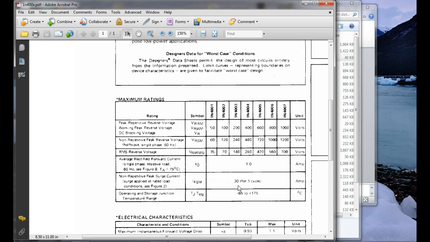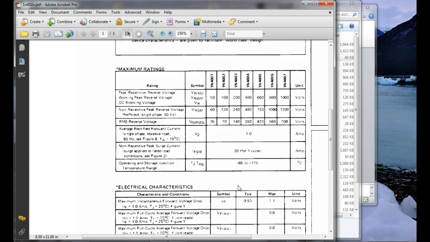So this allows us to charge those capacitors the first time, and after that it's looking at that slope. It's charging through the transformer and discharging through the load. So this one can handle a surge current of 30 amps. It's non-repetitive, right? If I tried to make it conduct 30 amps repeatedly, it would burn up.